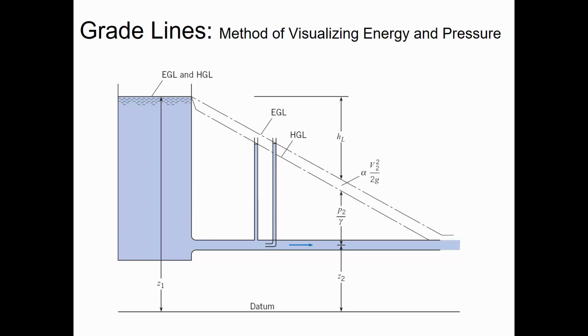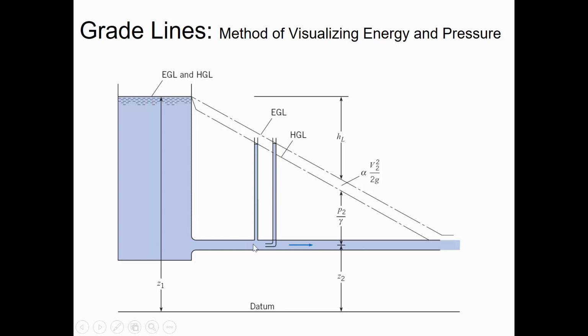And so, you know, where is the energy at location 2? Some of the energy is in the velocity head, a small fraction of it. Some of the energy is in the pressure head, and then some of the energy is in the elevation head, if we're using this horizontal datum as our basis for measuring the energy. Now what about the piezometer and then this other device that's to the side of the piezometer?